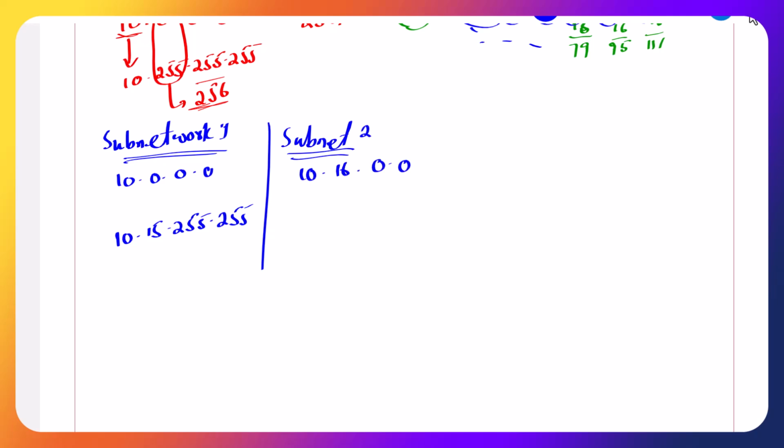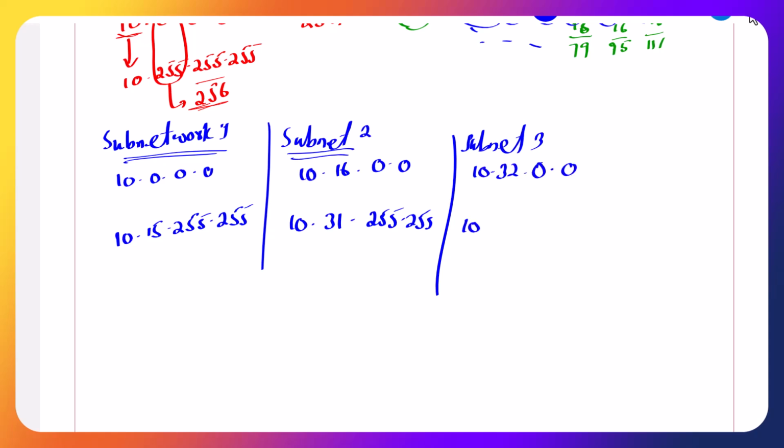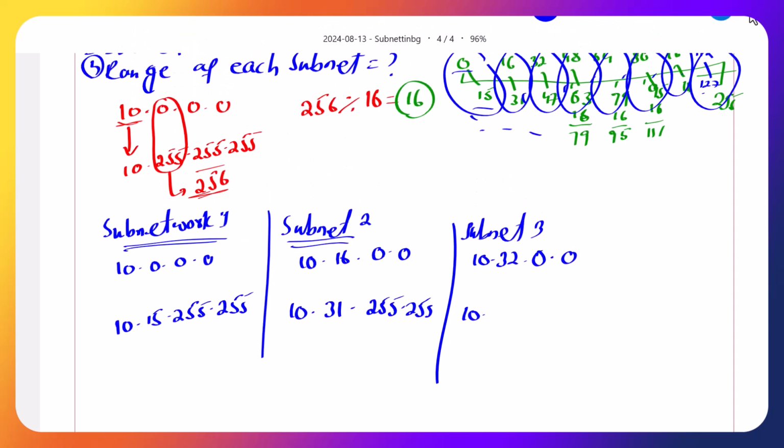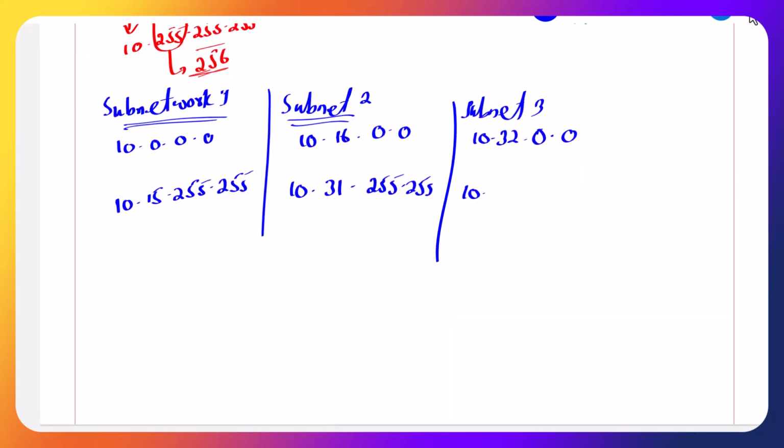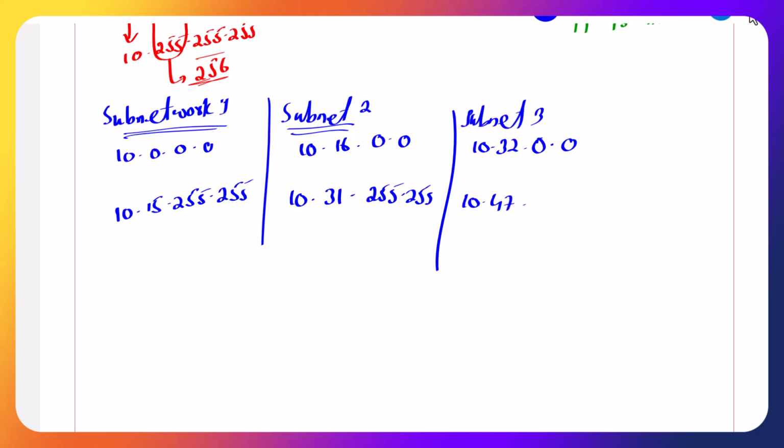10.16.0.0, 10.31.255.255. Subnetwork 3: 10.32.0.0, 10.47.255.255.